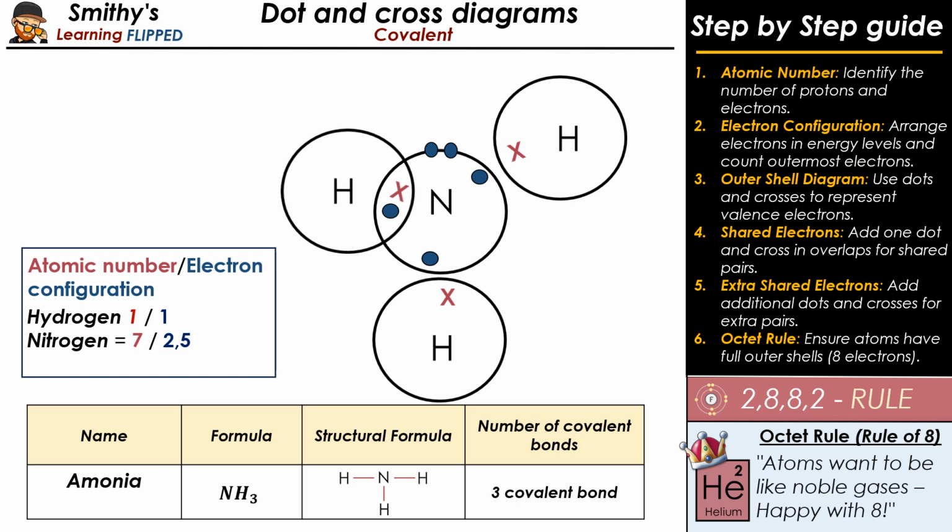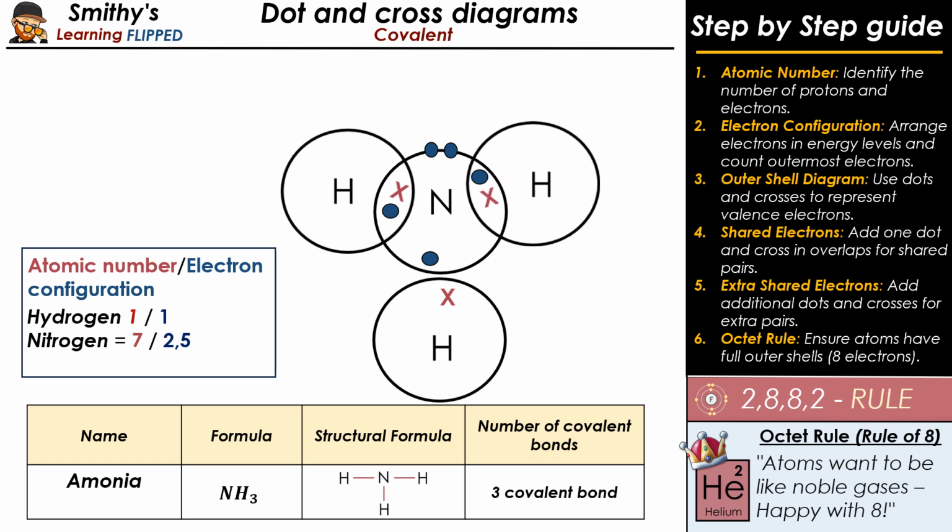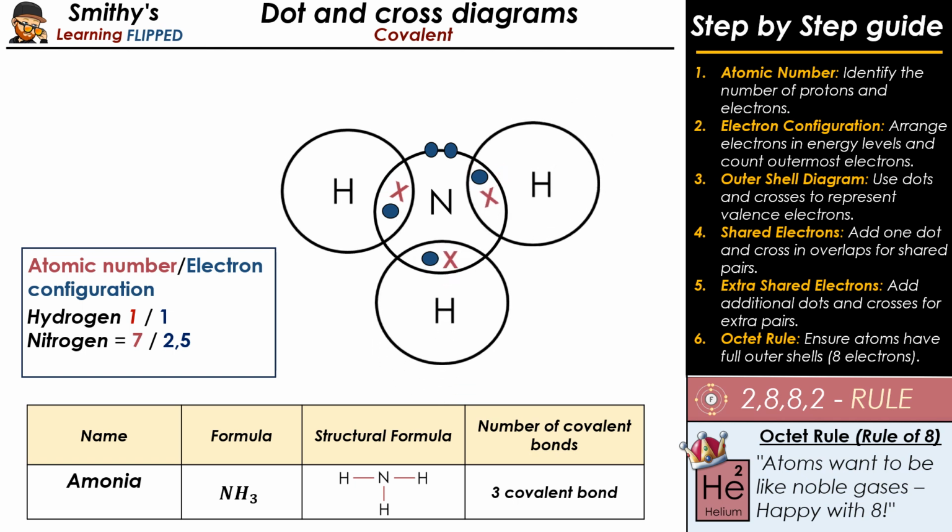So that's 1 shared, 2 shared, 3 shared. So if I look at it now, the hydrogens each have 2 electrons, and the nitrogen now has 1, 2, 3, 4, 5, 6, 7, 8. It's fulfilling the octet rule, happy with 8.